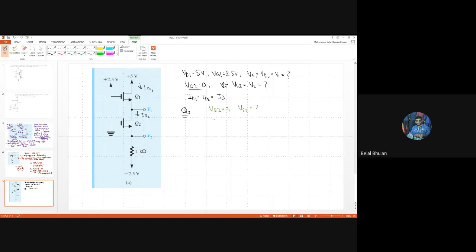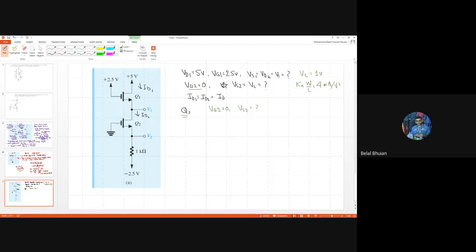So VGS2, VG minus this, must be greater than VT. In that case, VT is equal to 1 volt as before, and KN W over L is equal to 4 milliampere per volt square. Same parameters we are using.